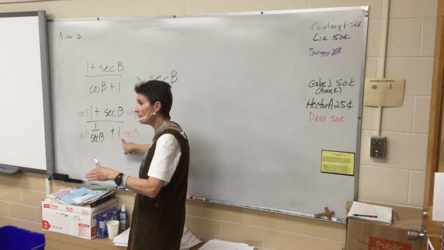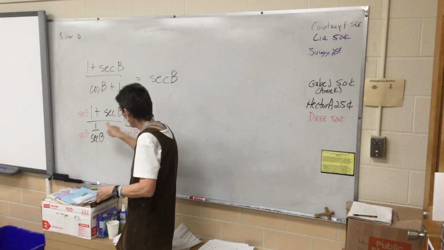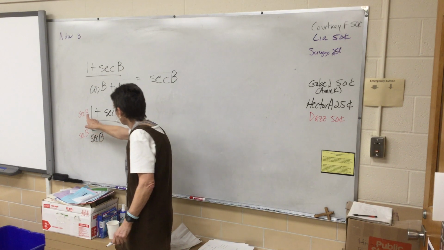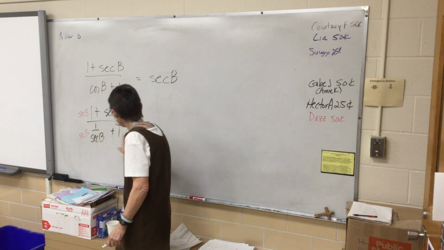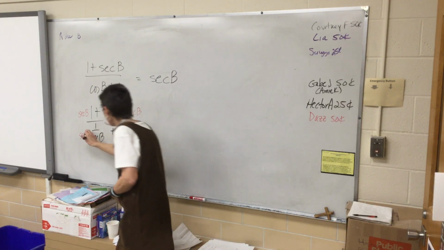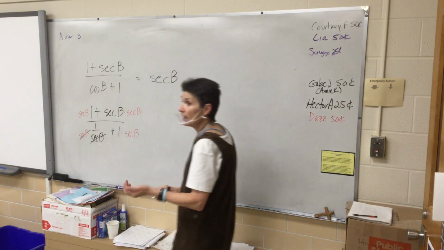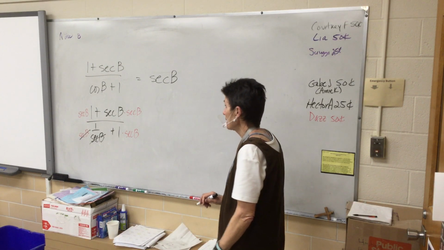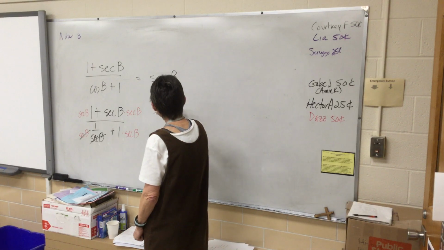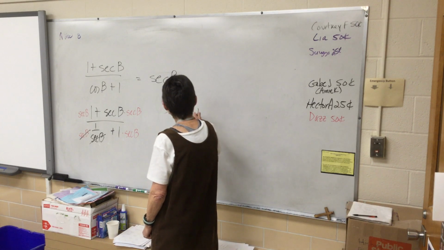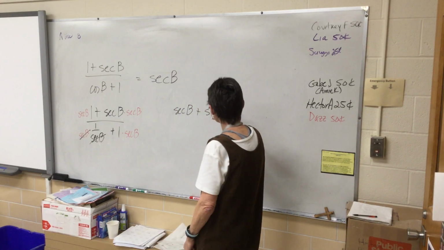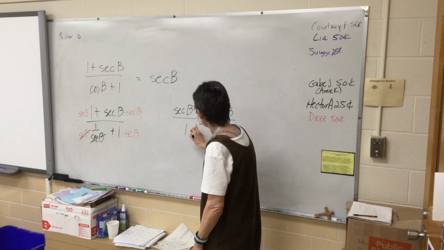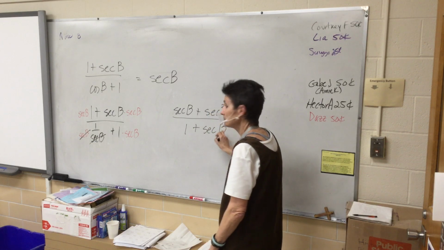The common denominator of those 4 things is secant. So I'm going to multiply everything by secant, because that will get rid of the little fraction. So now I have secant plus secant squared over 1 plus secant.